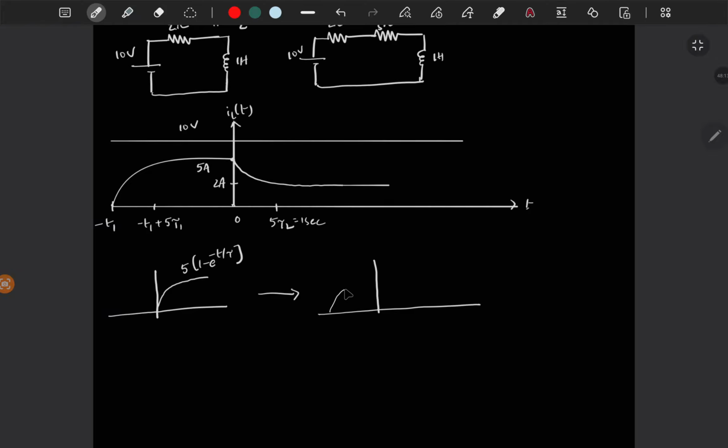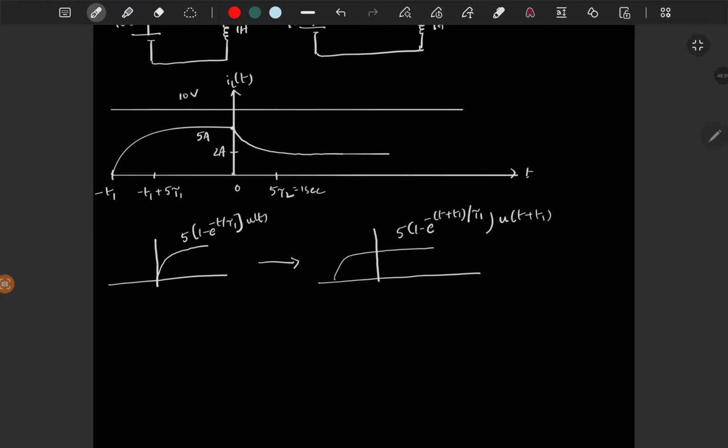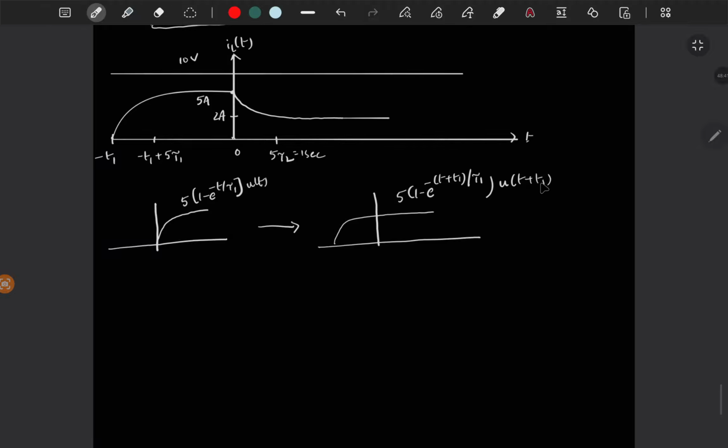So if you subtract this 5 u of t, then you will get this graph, right? If you simply left shift, then you will get 5 times 1 minus e power minus t plus t1 by tau 1, this is tau 1, and this is u of t plus t1, and you have to make this magnitude 0.